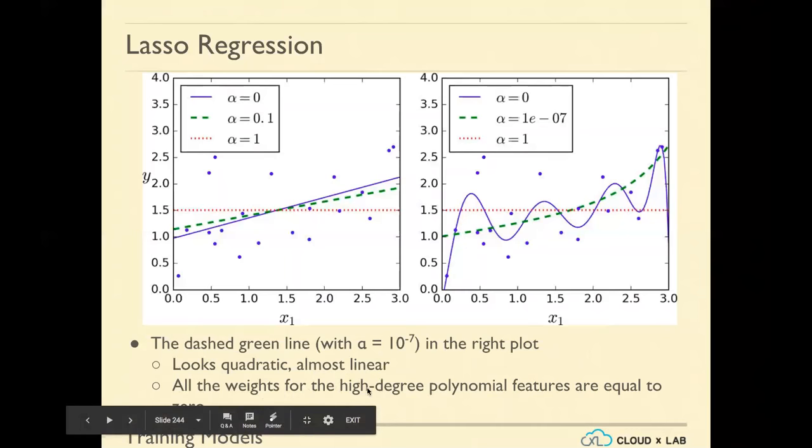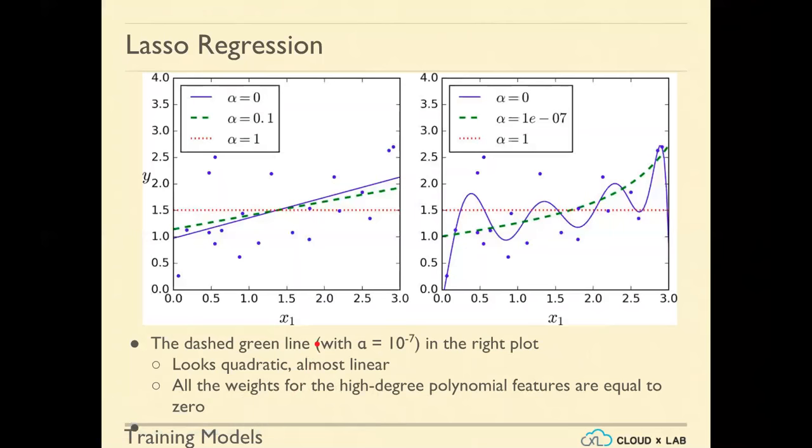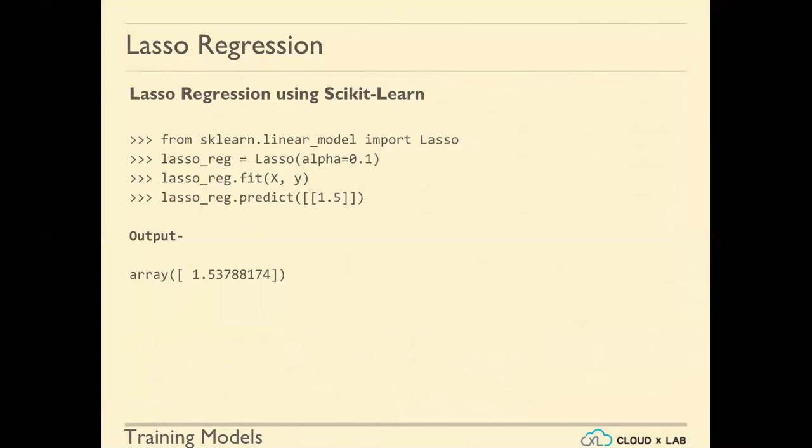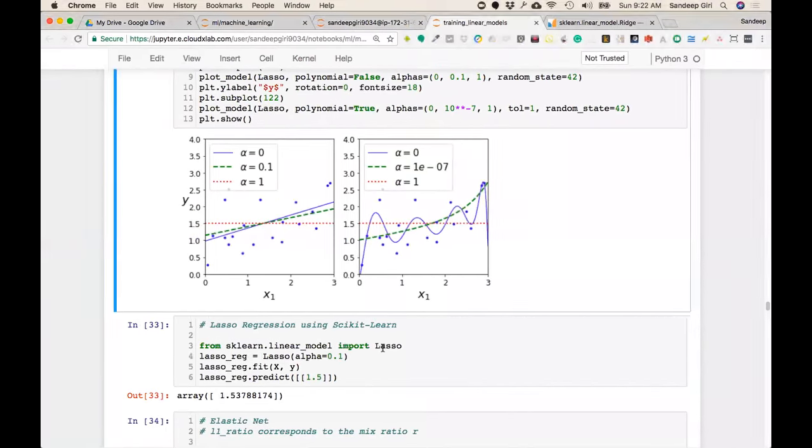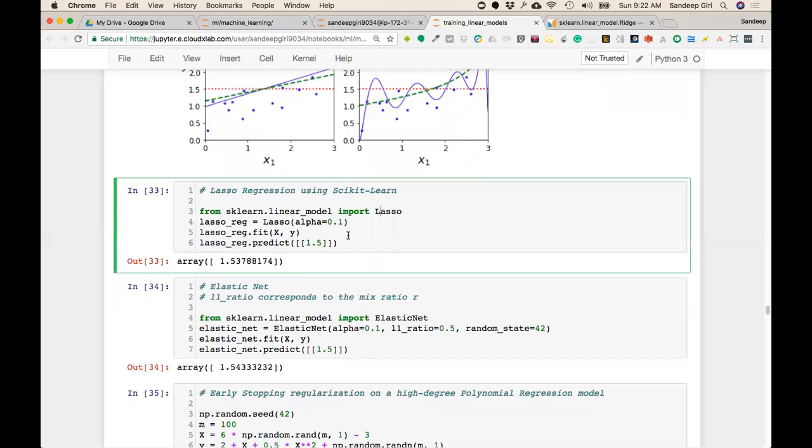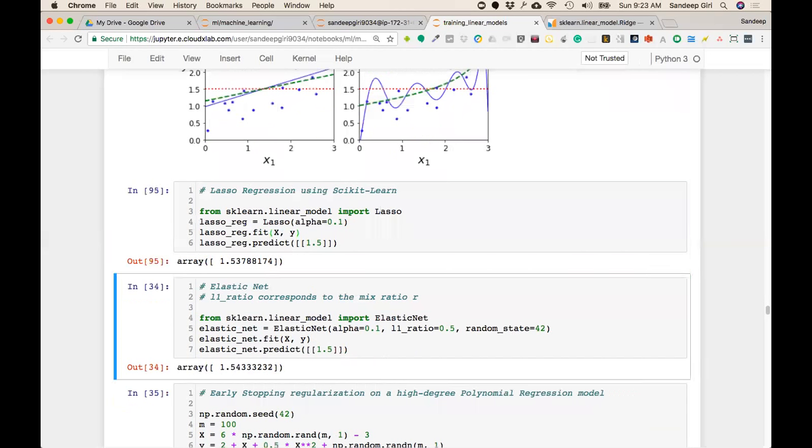All of the weights of the high degree polynomial features are equal to 0. That's what it has done.